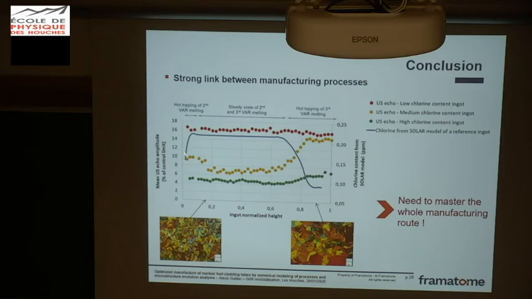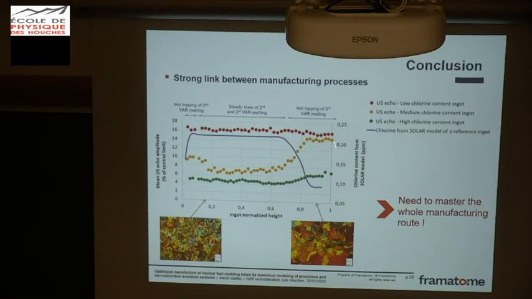And you can see also, in this case with an experimental real ingot, that with a medium chlorine ingot, on the top of the ingot we can have more defects after cold rolling. It's not fully open cracks, but just small defects on the surface. And in fact, this shows the influence of chlorine on the final defects on the tube through the microstructure we can have after the quenching process.